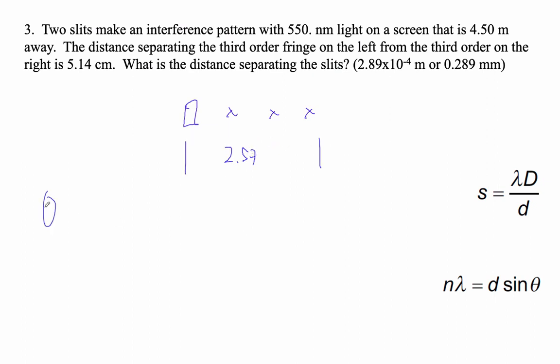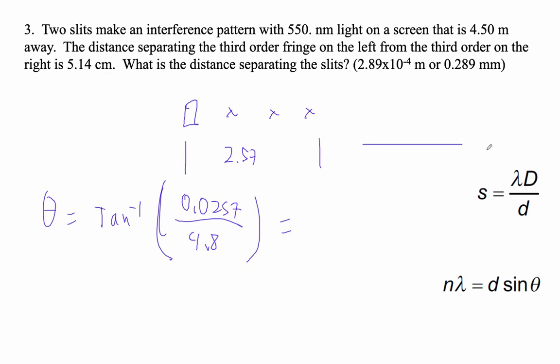And that angle is, in fact, the inverse tan of 0.0257 over 4.5. Because I know you like maths and trigonometry, so let's do this. All right, inverse tan. This side is 2.57 centimeters.